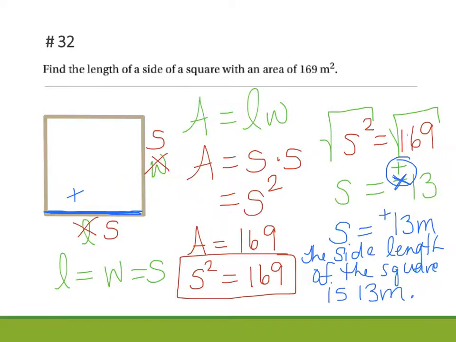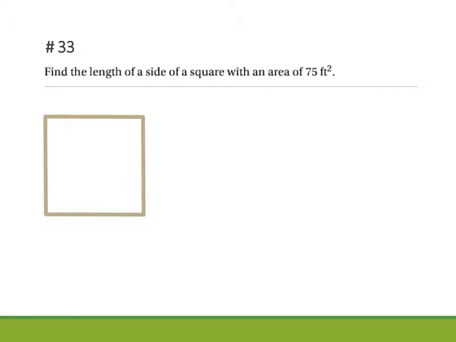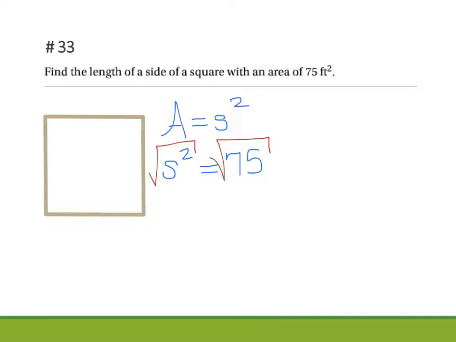Okay, let's try another problem. Again, for the area of the square, we're going to use the formula area equals side squared. And since the given area for this square is 75 square feet, I'm going to write my equation as s squared equals 75. To solve, I would take the square root of both sides and say that s is equal to the square root of 75.